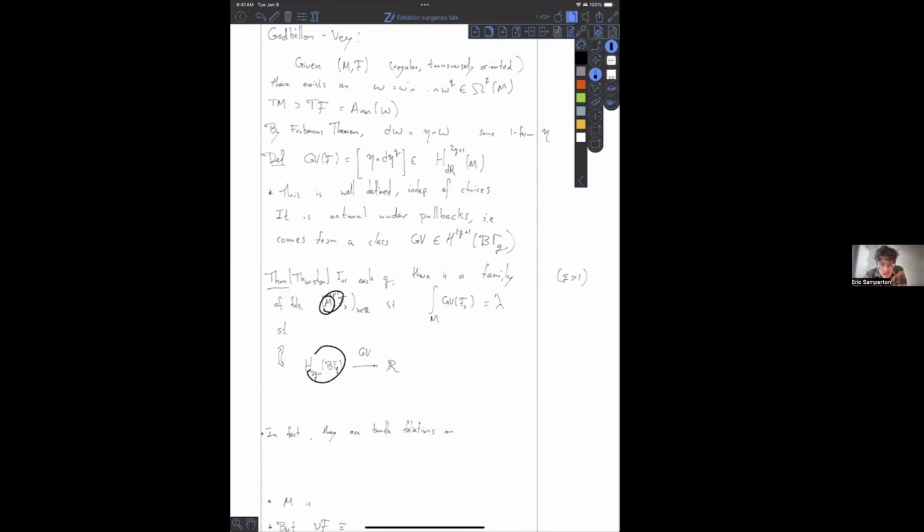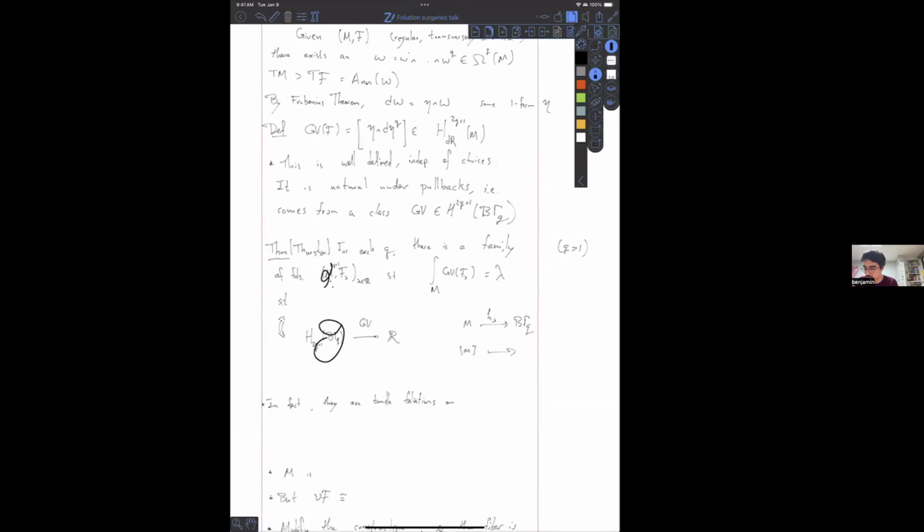That's integral homology. Because you're just pushing forward: M maps to B gamma Q by F lambda, and you're pushing forward the fundamental class, and that's how you get this homology class. So that's integral.